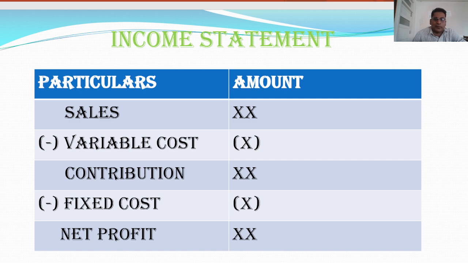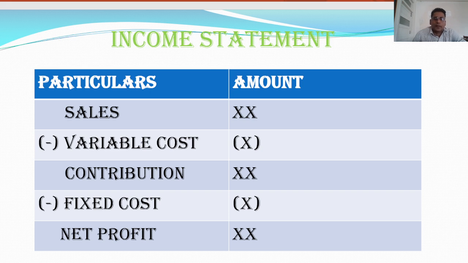It is clear from this that we cannot calculate break-even point unless we calculate our PV ratio. Now, if you want to calculate break-even point in units, you can use the formula fixed cost upon contribution per unit. It means when you divide amount with the rate, you get your break-even point in units.